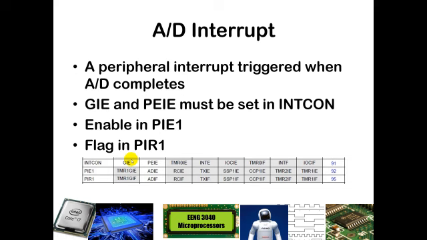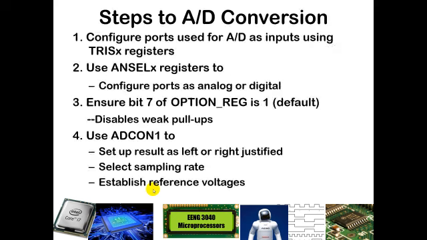Regardless of whether you use the interrupt or not, the ADIF flag will be set to indicate that the analog to digital conversion is finished. Also, the GO bit that you will set to start the analog to digital conversion routine will be cleared once the conversion is finished.